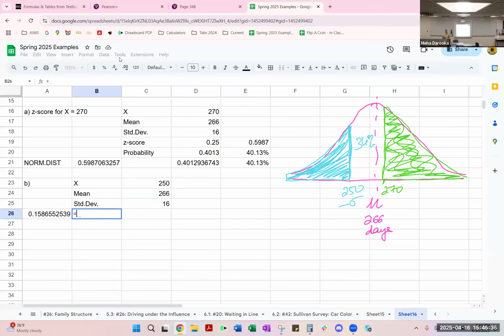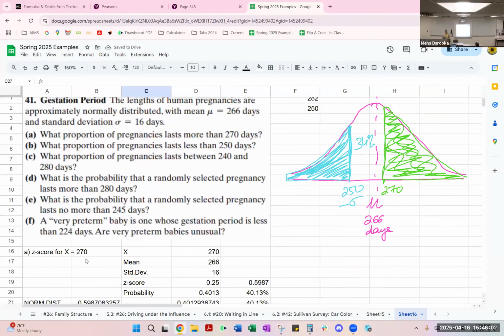Since this was less than, obviously we do not need to do any math here, because that will automatically be the answer. So you are going to get a more precise answer than we would by table. So this, or 16% if you did it back. Okay, all right, that was part B.